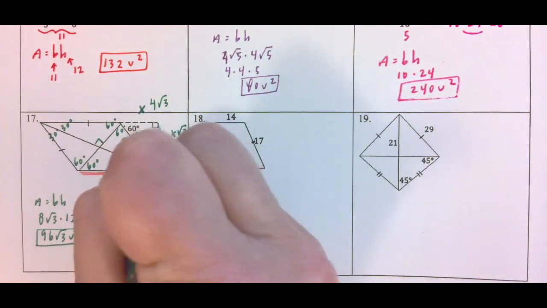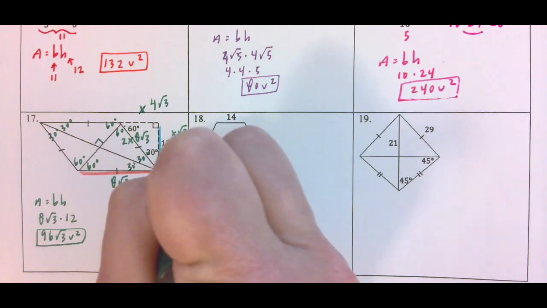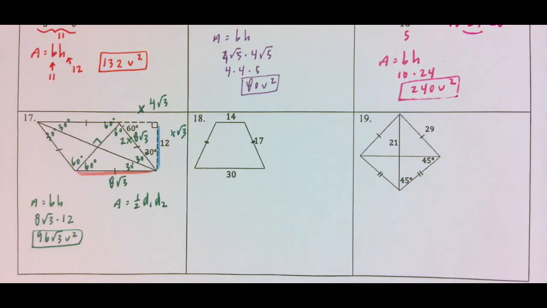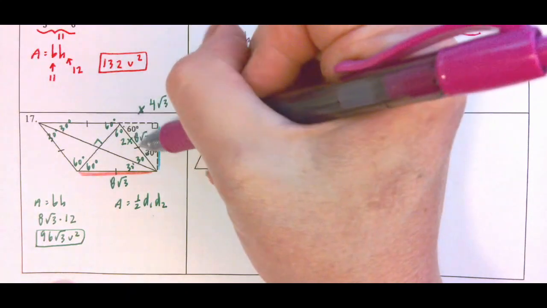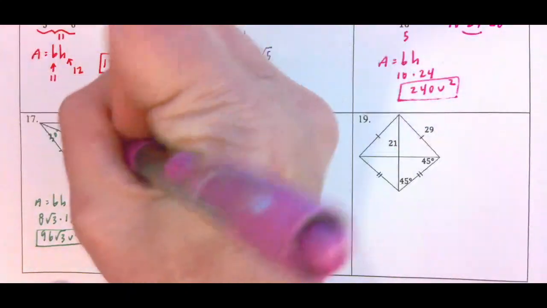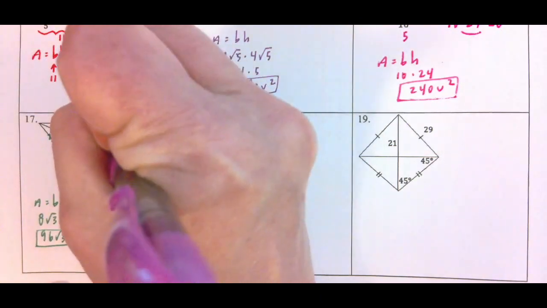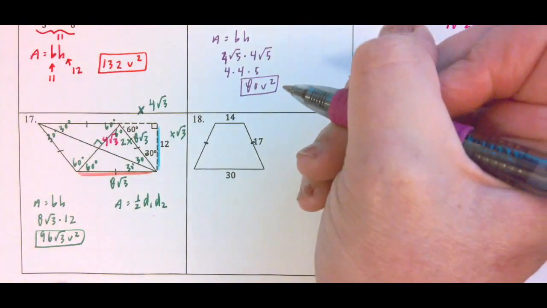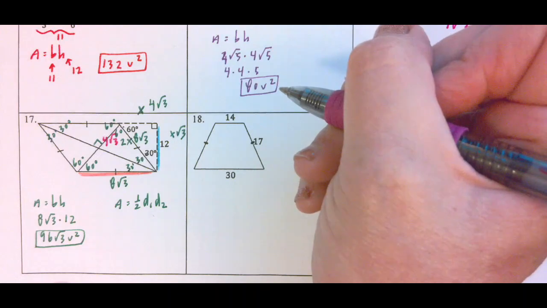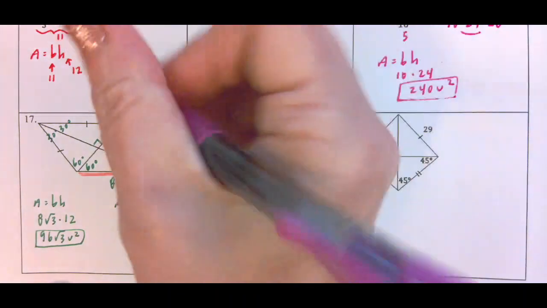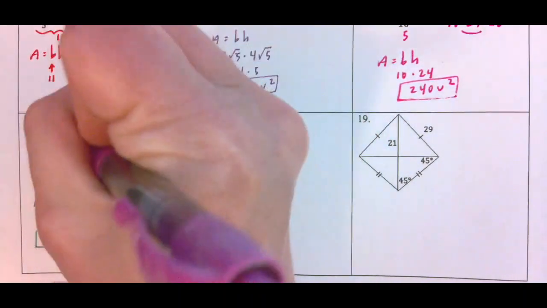And this method is going through the diagonals, half of diagonal 1 times diagonal 2. So if I go this route, if this is 8 root 3, then this right here is 4 root 3. And then here, this would be 4 root 3 times root 3. I would get a 12 here.